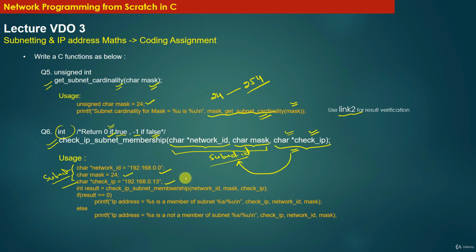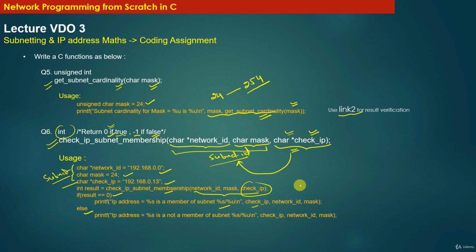Now call this API, right, and pass the arguments. So this API should check the membership of this IP address into the subnet, right? So result is 0. It means that the IP address is a member of this subnet, and if it returns -1, it means that the IP address is not a member of this subnet, right?